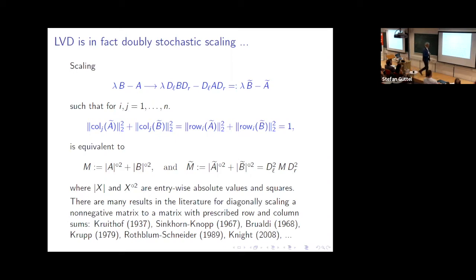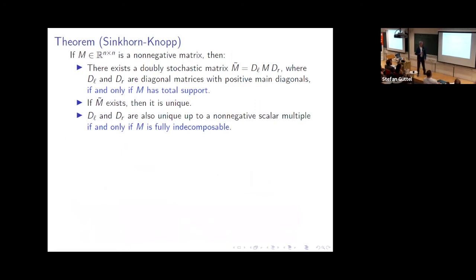And in the paper of Knight, we found necessary and sufficient conditions for this to work, because we mainly tried it on matrices that are dense, and then there's never a problem. These things always converge. But it turns out that the conditions for convergence of this algorithm are known, and they were in the work of Sinkhorn-Knopp, and I believe that's why it's now called the Sinkhorn-Knopp algorithm. They were the first ones to really analyze this algorithm correctly.